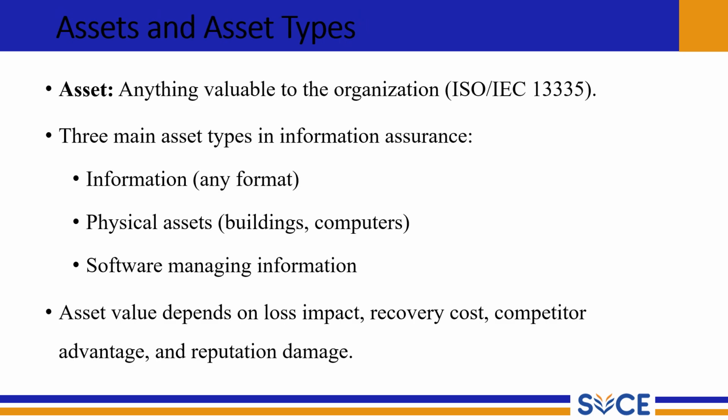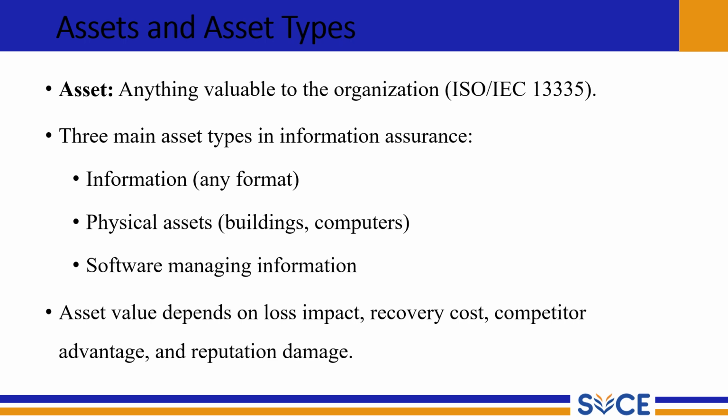So next is assets and asset types. In information security, an asset means anything valuable, just like your phone, laptop, or even your college ID card is valuable to you, right? Likewise, companies also have assets. There are three main asset types in information assurance. First is information asset, next is physical asset, and another one is software asset.